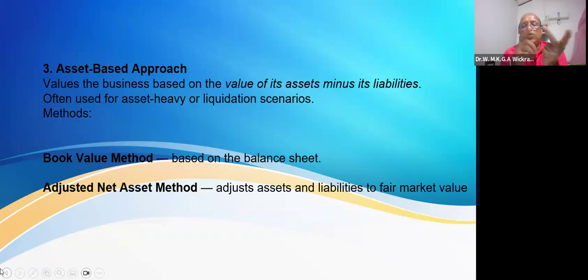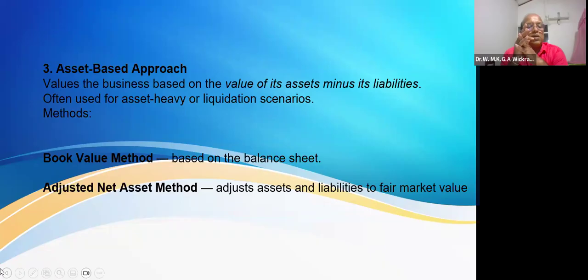Assets mean your land, your house, your vehicles, your businesses, whatever. Assets hand in hand, and just minus your liability. How much you are liable to pay to others. Then you will come up with the value of assets, or that is the value of you.